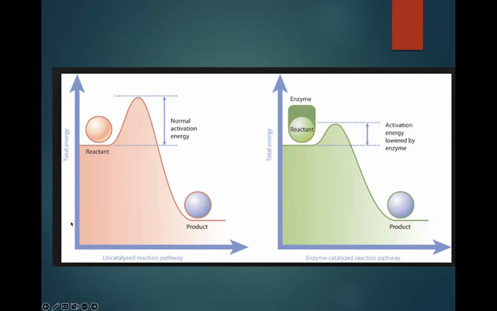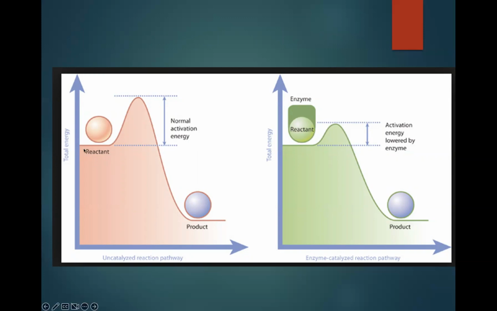So let's look and see what's happening here. On the y-axis, we have the total amount of energy that is being utilized. On the x-axis, we have the reaction pathway taking place. And we know that a chemical reaction takes place. We have a reactant on one side and we generate products on the other side after the chemical reaction has occurred.